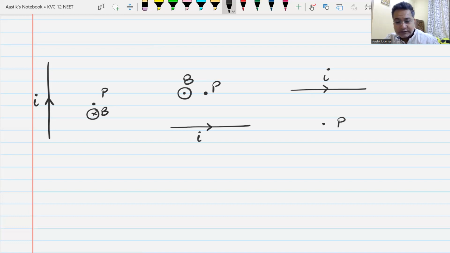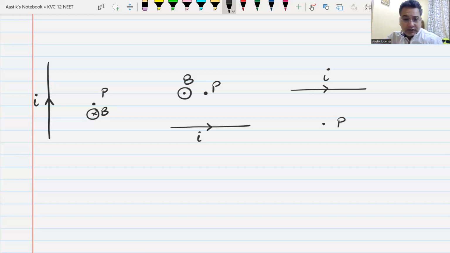Turn your fingers and see the direction of magnetic field. If you cannot turn your fingers in the same direction, the current is like this and the point P is downwards, so what do you do? You take the direction of current reverse and then find out the direction. Whatever direction comes, you inverse it.